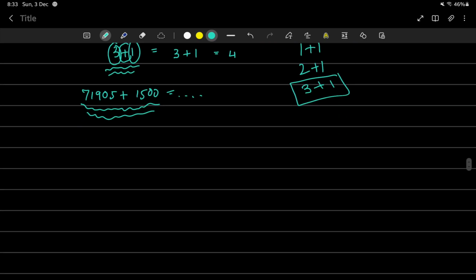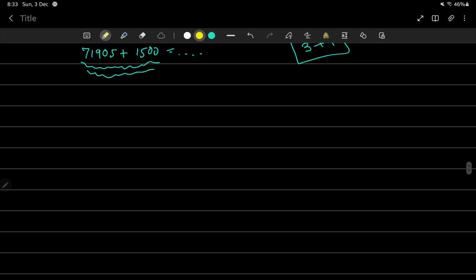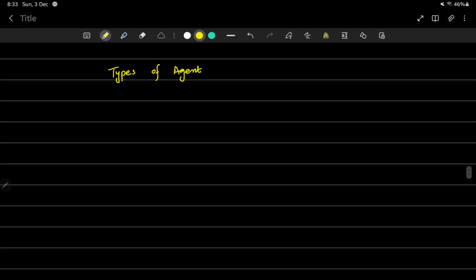Now let's talk about the types of agents. The first type we will see is reflex agents, and these are very simple to understand, extremely simple. If you have ever done, let's say, basic coding, then you have even built reflex agents.